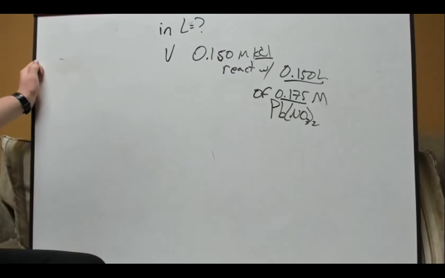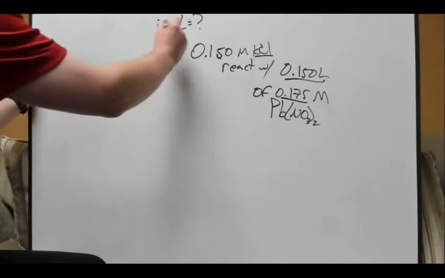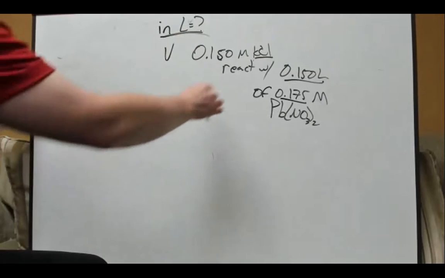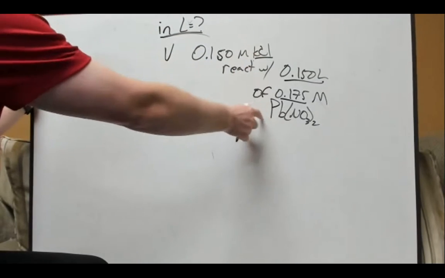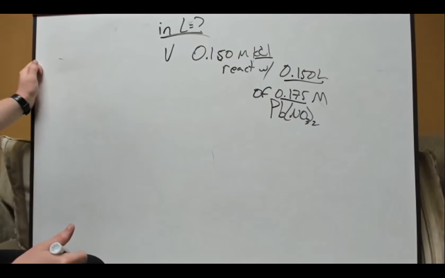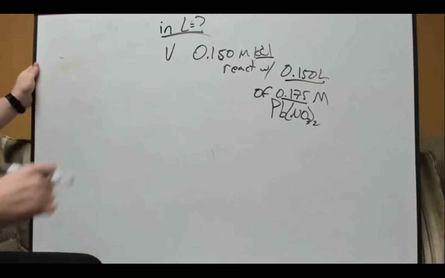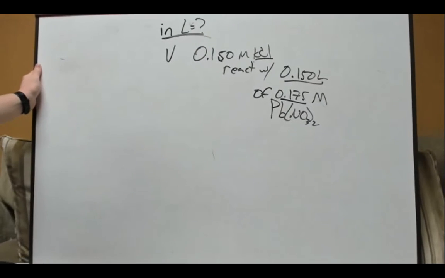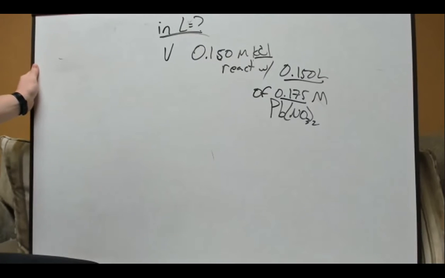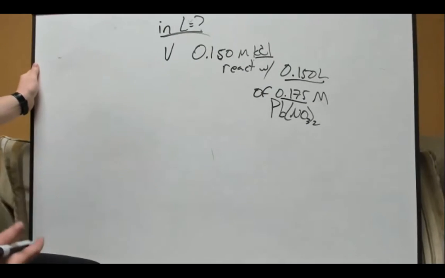I want you to tell me in liters how much it would take to completely react with this. This is known as a titration, and it will come back when we talk about acids and bases in a slightly modified form: how much of one substance does it take to completely react with another substance?